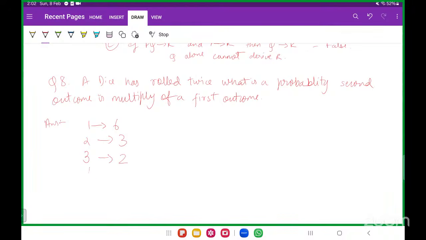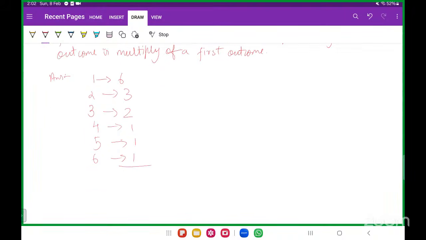And for 4, 5, and 6, we have just 1 multiple each. I'm considering they have not mentioned that the 2 outcomes should be different. So the sum is 6, 3, 9, 11, 3, 14. So the total probability is 14 by 36, which is 7 by 18.